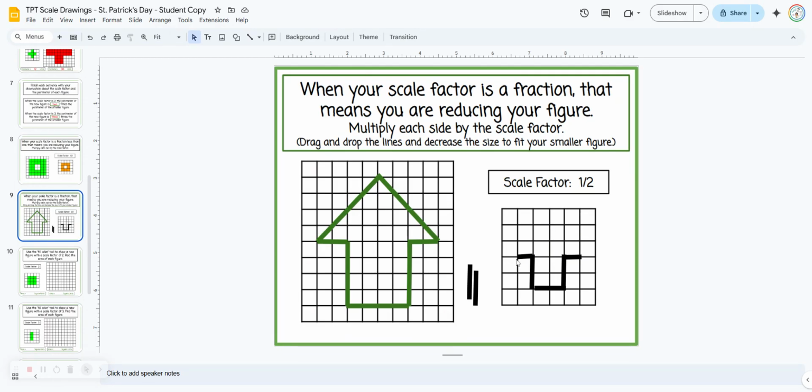So all they have to do is move these pieces so we connect this to the tip of our arrow. And there we have an arrow shape that is 1/2 the size of the original.